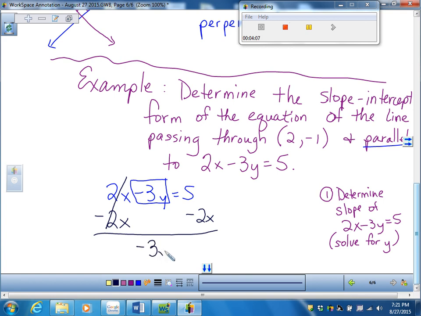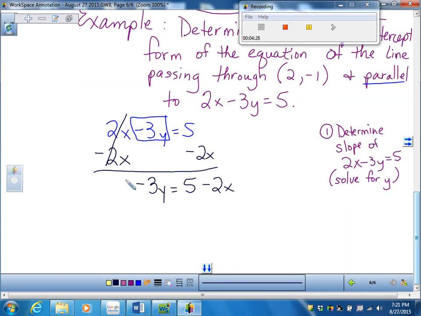I'm left with negative 3y equals 5 minus 2x. Why did I not combine the 5 and the 2x together? Because they are not like terms. The 5 does not have an x, the 2 does. So you can't combine them, you have to keep them separated.